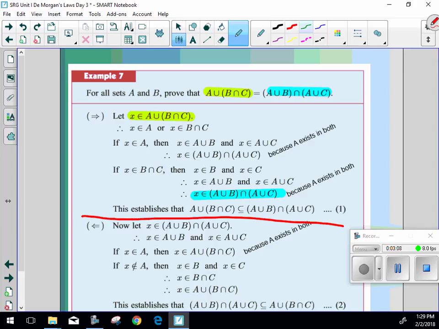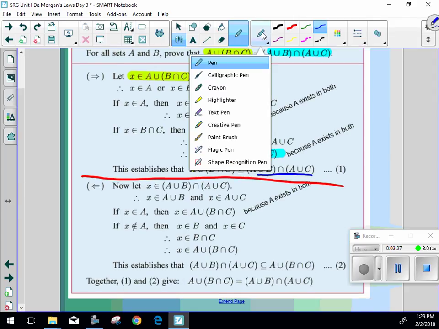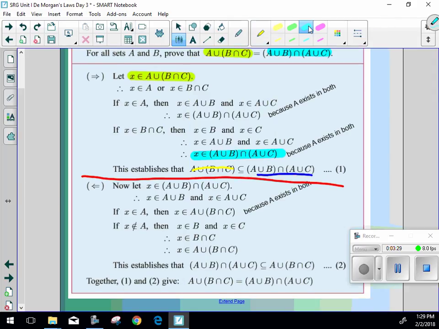And what we'll say is when we get the yellow equal to the blue, we'll say that this is a subset. Yellow is a subset of blue. Okay? Then in the second part, no big surprise. You're going to start with this blue, and what are you going to end up with? The yellow.